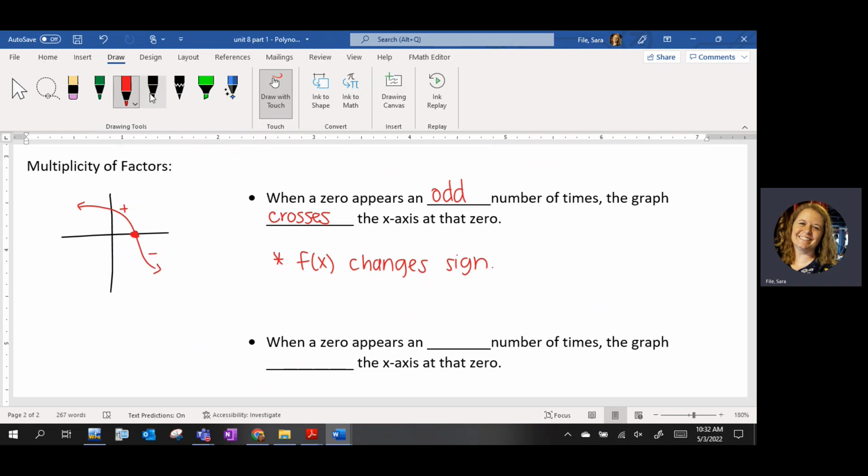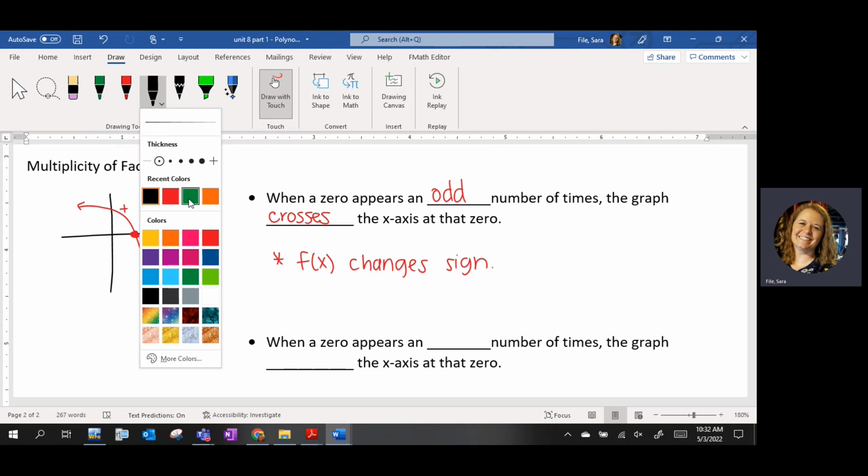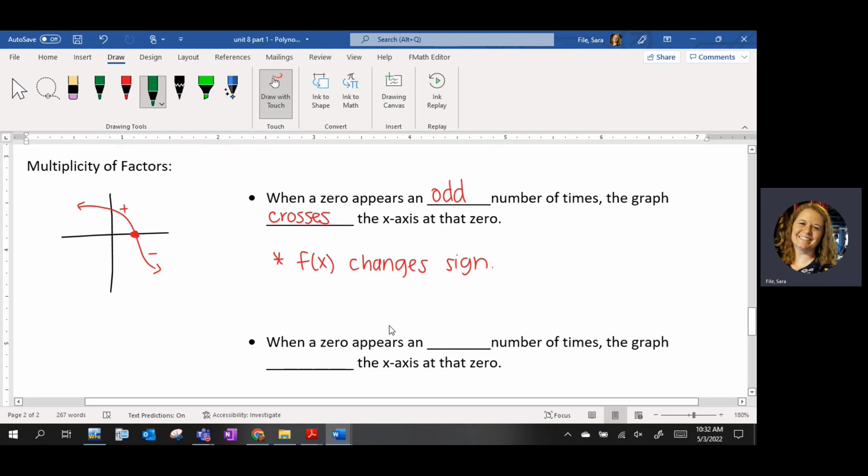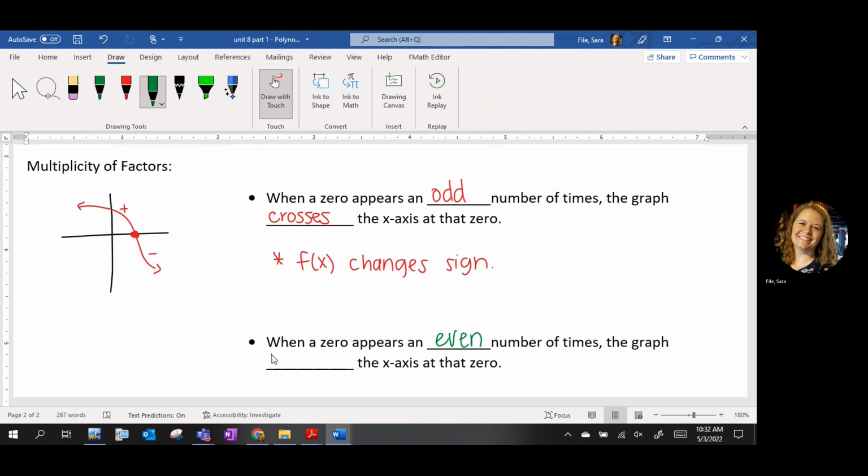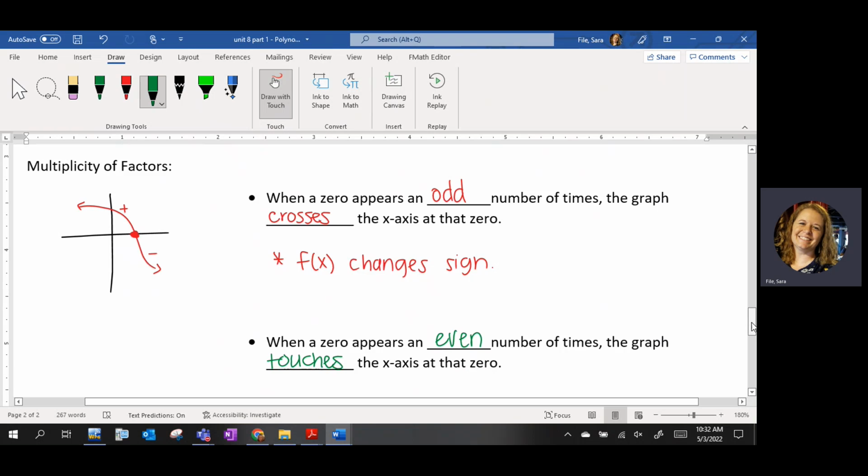Okay. Now, if you have a 0 that appears an even number of times, so a multiplicity of 2 or 4 or 6, okay, then the graph touches the x-axis at that 0. It's just tangent to it, meaning it just grazes it, right? It doesn't actually cross it.